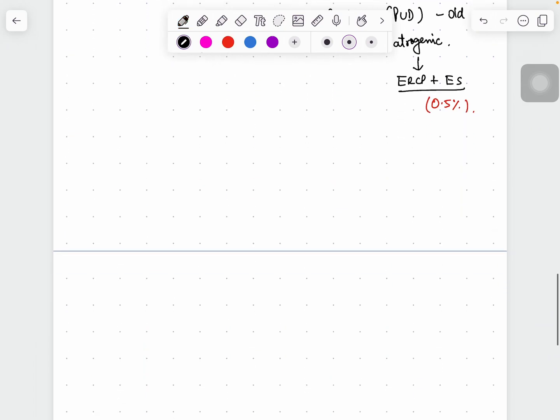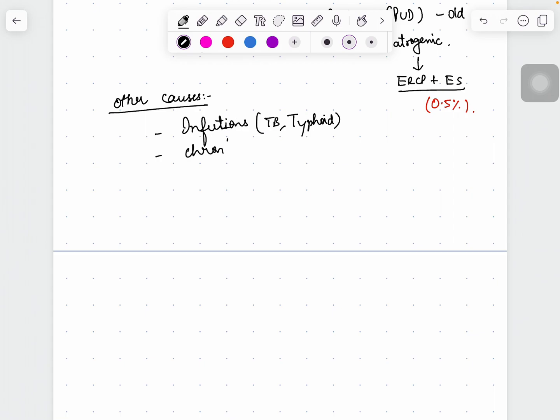So what are the other causes for small bowel perforation? The other causes will most commonly be infections. In India infections are more common, like tuberculosis and typhoid, which can cause typhoid perforations. It can be due to Crohn's disease, which can cause fistulization of the small bowel, perforations and strictures. It can lead to intestinal ischemia.